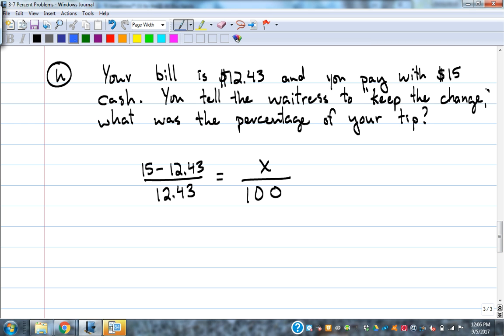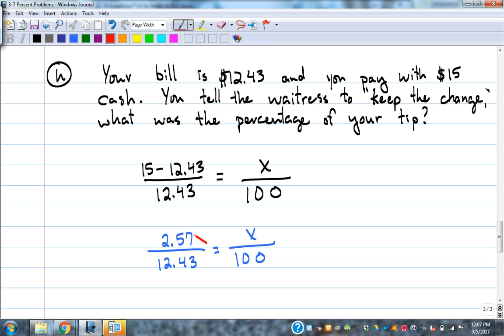So what is $15 minus $12.43? $2.57. And then we have this proportion to work. And I really probably wouldn't expect you to write this problem, just write that problem down and then solve it.